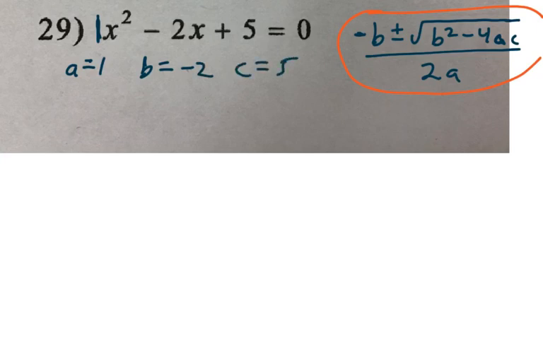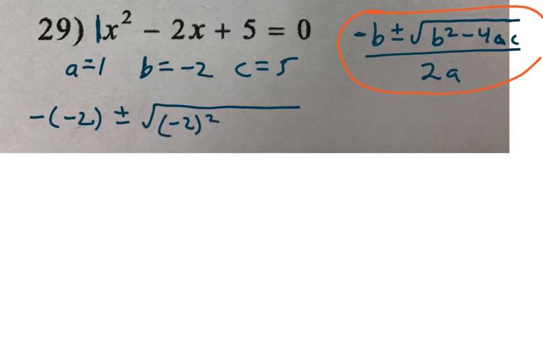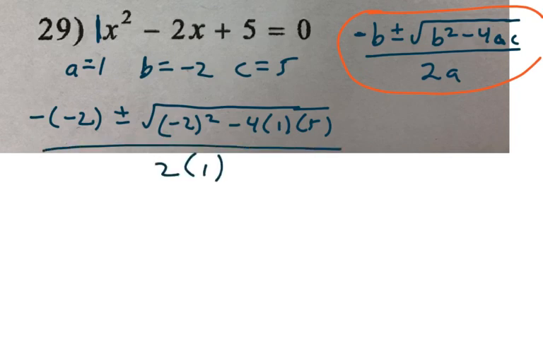C is 5. And when I go ahead and do my quadratic formula, I'm going to take the negative of b. Use parentheses, by the way, guys. Square root b squared, use those parentheses, minus 4 times a times c, all divided by 2 times a.